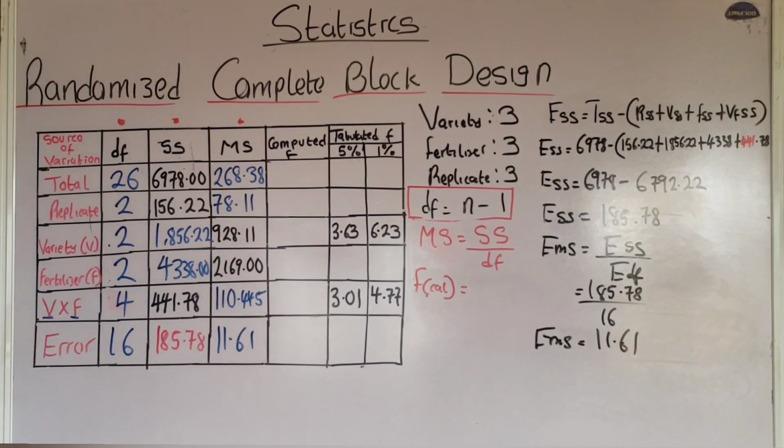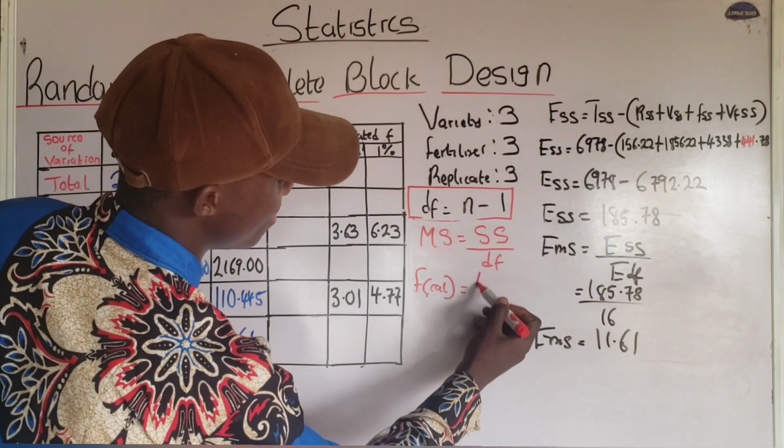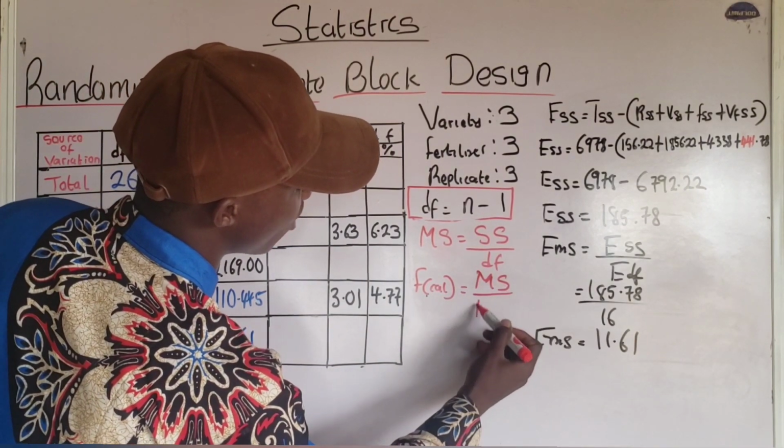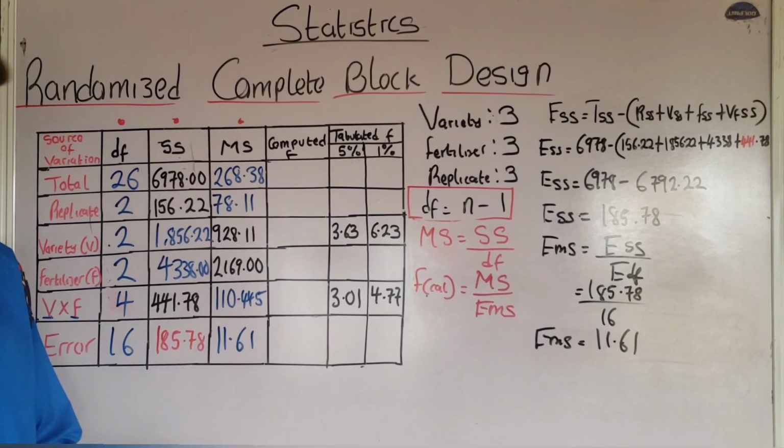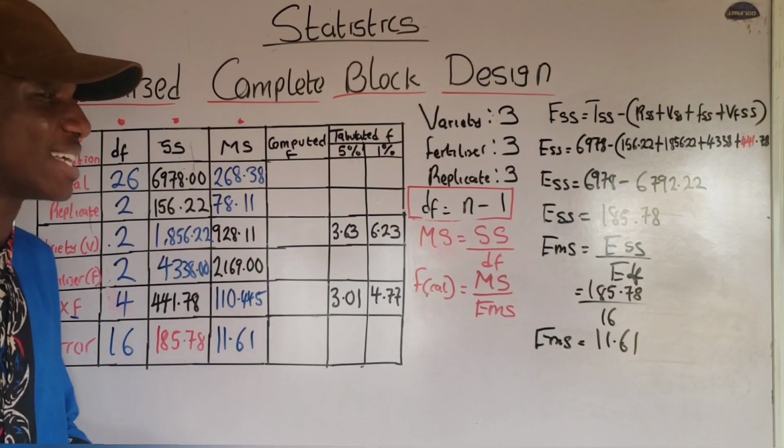The formula for FK for computed value is FK for the parameter that you want to calculate. To get the computed value, FK is equal to mean square all over error mean square. Let me just put it like that. Please pay attention. It's simple. That's why I take time to explain.